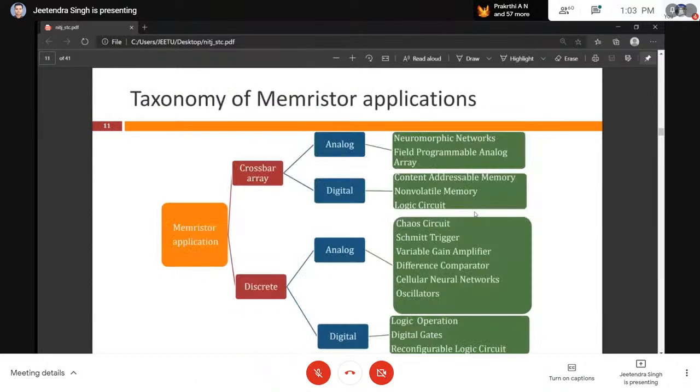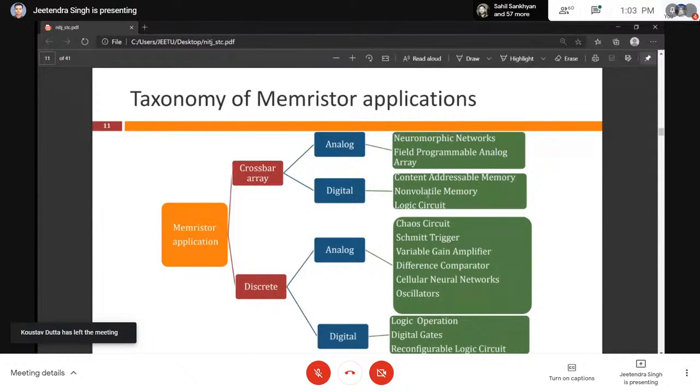Now you can see how the memristor can be applied to various applications. There are vast applications of the memristor. It may be used as a crossbar array, or as a discrete part. Neuromorphic applications have vast research, and most of the research at this time is going into the neuromorphic applications of the memristor.